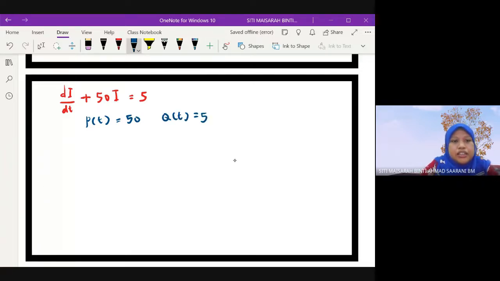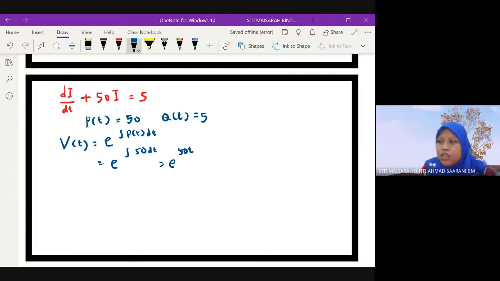So then integrating factor V in term of T is equal to E to the power of integrate P in term of T dt. So then E power integrate 50 dt, we get E power 50T. E kuasa 50T, our integrating factor.